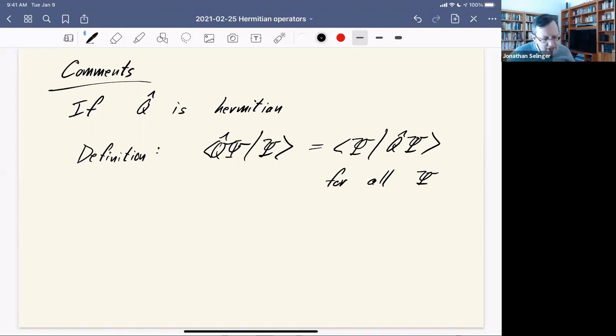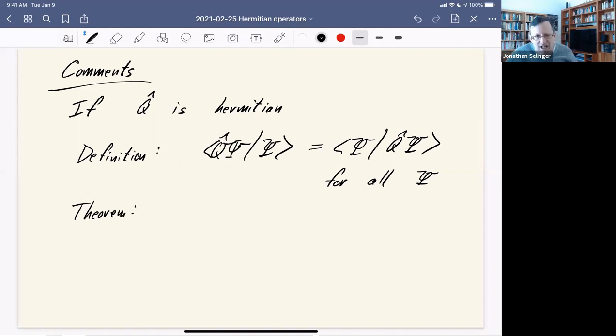For all vectors in Hilbert space. But it is possible to prove something that's even stronger than this. Here, I'll call it a theorem. That makes it sound fancy, doesn't it? Okay, I'll call it a theorem.